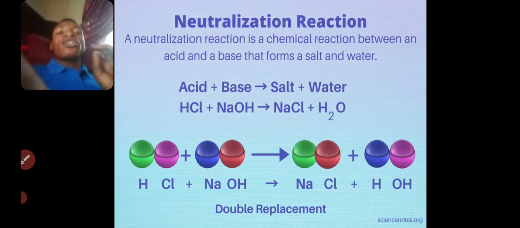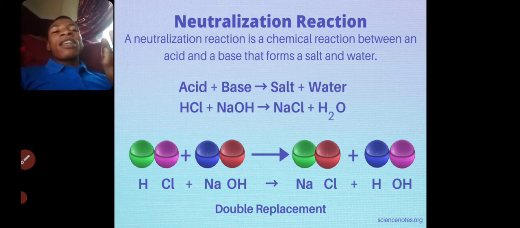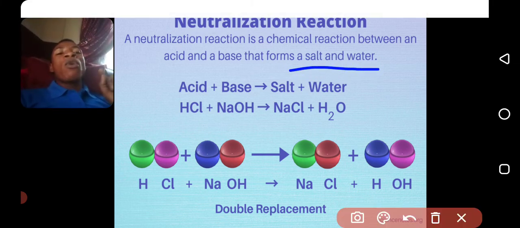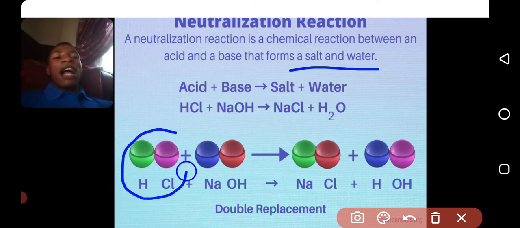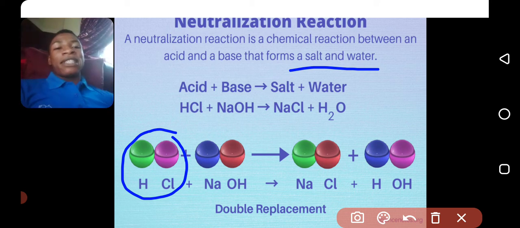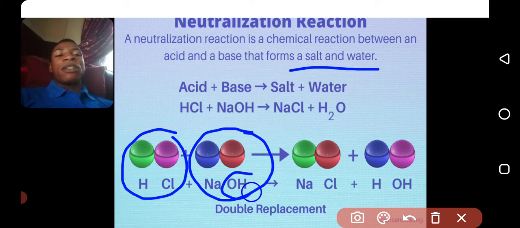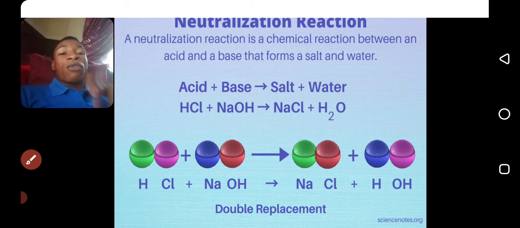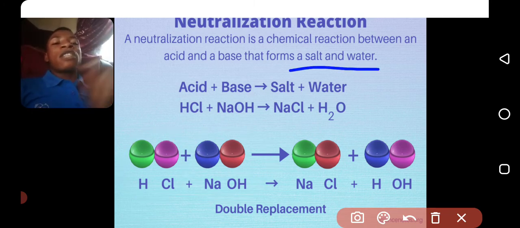Neutralization is an acid-base reaction. What is a neutralization reaction in the first place? It's a reaction between an acid and a base to form a salt and water. For example, HCl, hydrochloric acid, is an acid. Sodium hydroxide is a base. You have seen OH, meaning that it is a hydroxide. OH is a radical that you're already familiar with. So observe how the reaction takes place.